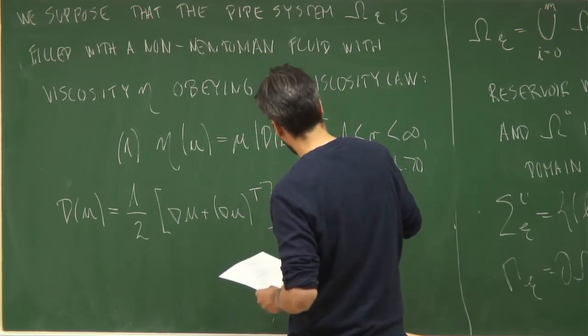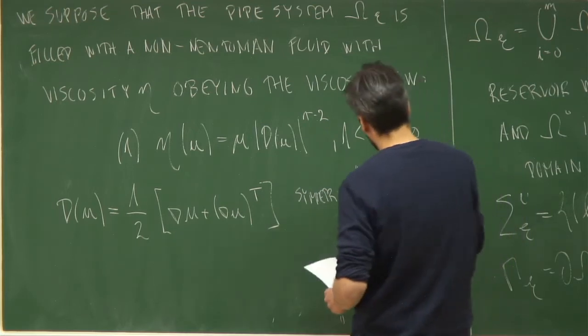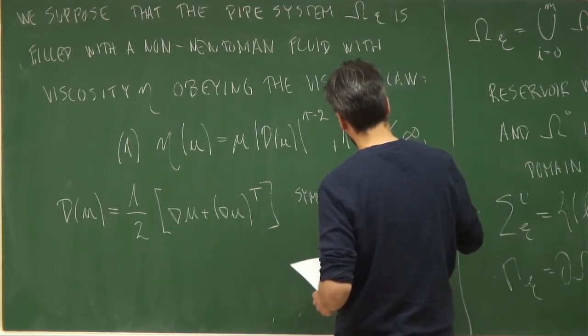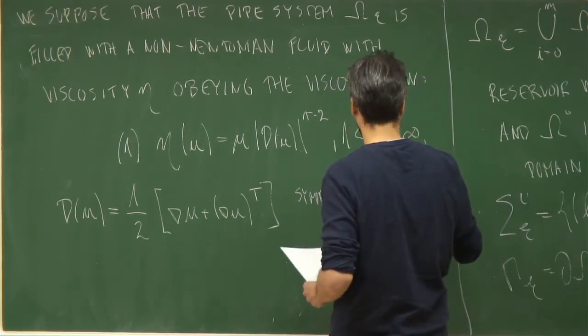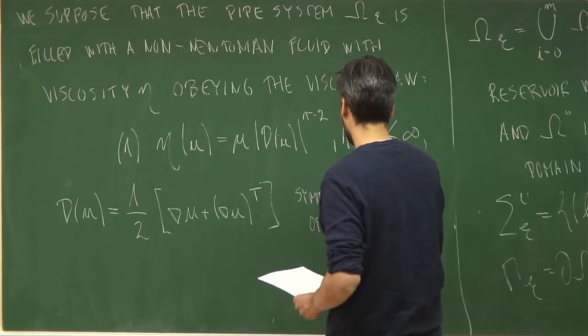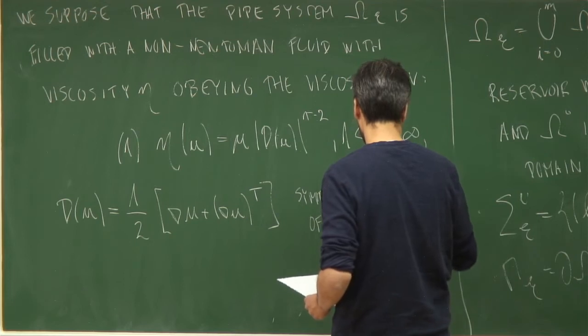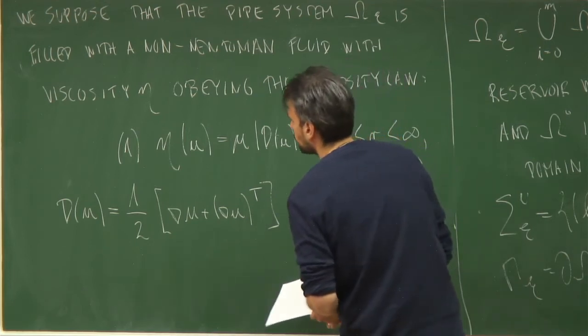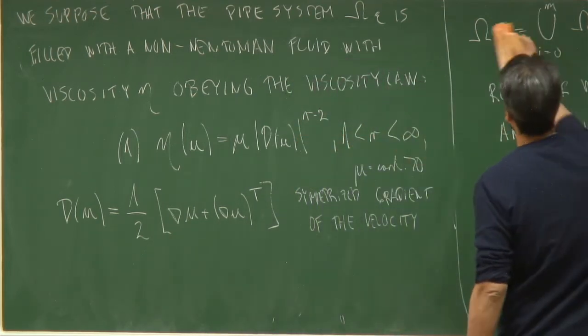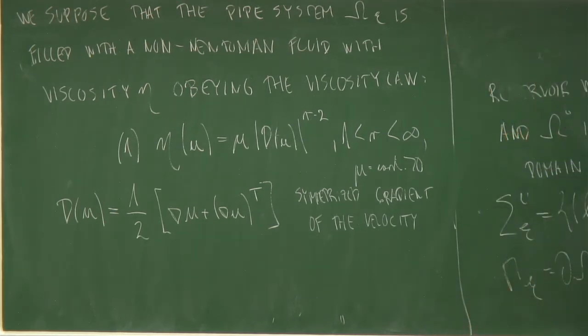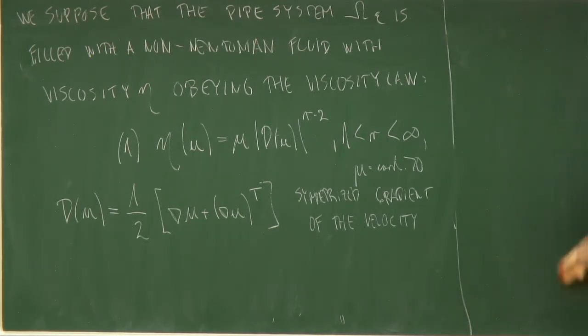I think it's 2mu here, not sure. So, the symmetrized gradient of the velocity. Of course, when r is equal to 2, you have the classical Newtonian model. So this is not so interesting to us.